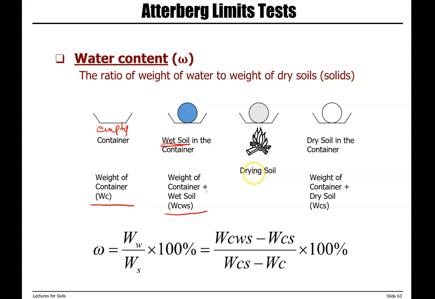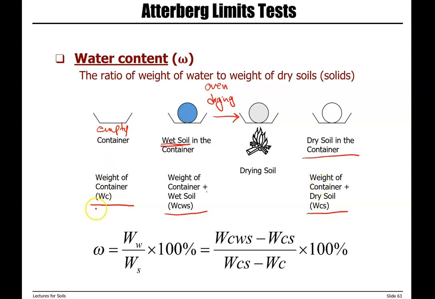Then in order to dry your sample, you leave it in an oven. We do oven drying. And now you have your dried sample. So what you measure is weight of container plus dry soil.